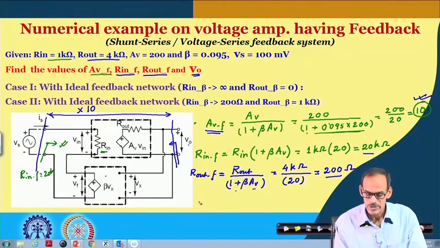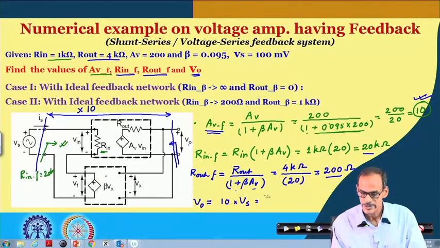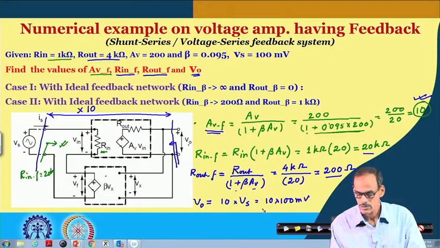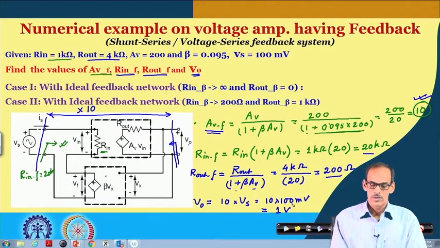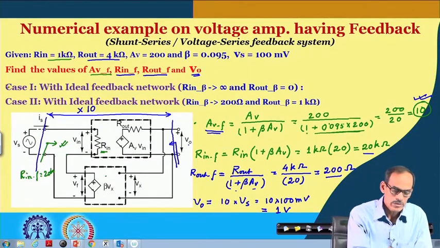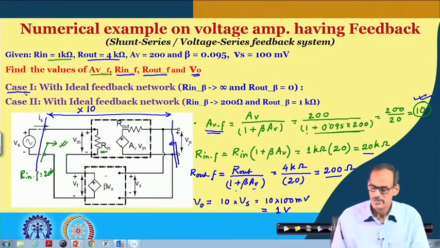The output voltage VO is 10 times Vs. So, that is giving us 10 into 100 millivolt, which is equal to 1 volt.